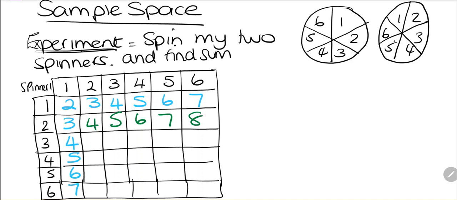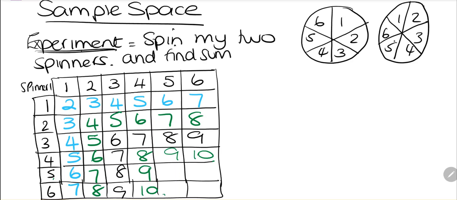So 3 and 2 is 5, 4 and 2 is 6, 7, 8. 3 and 3 is 6. 3 and 4 is 7, 8, 9. And 4 and 4 is 8. So there's a pattern here. It's going to be 9, 10, and then 5 and 5 is 10. We'll have 11. And we'll have 12.